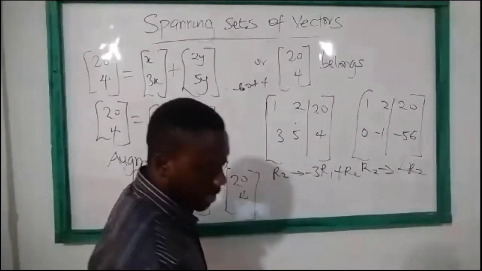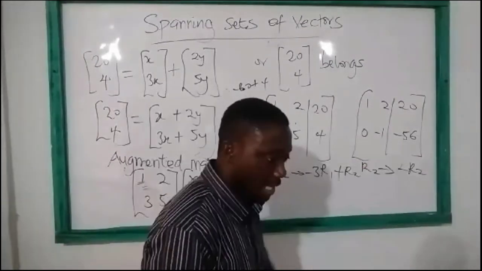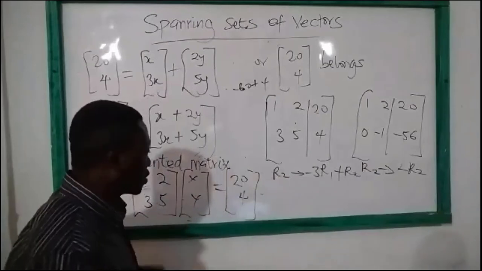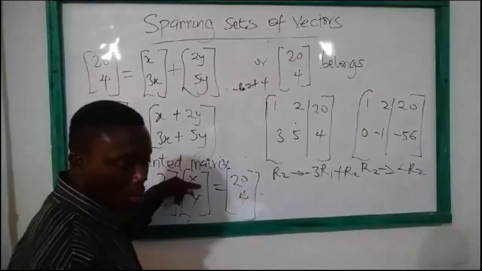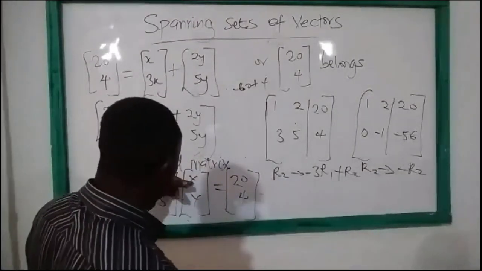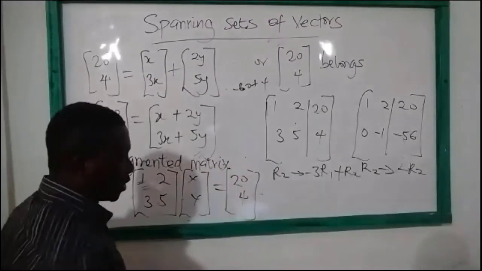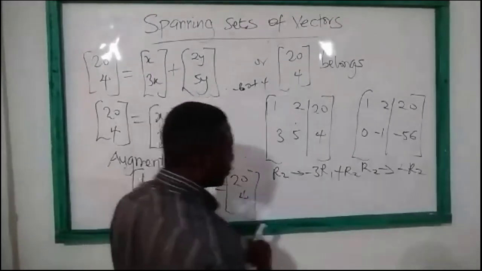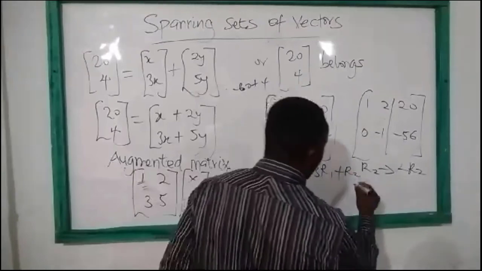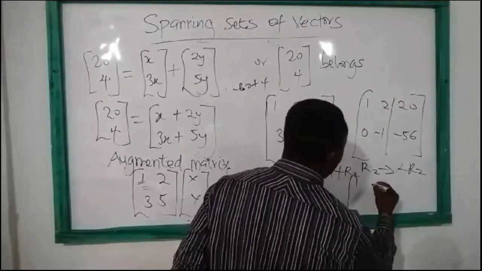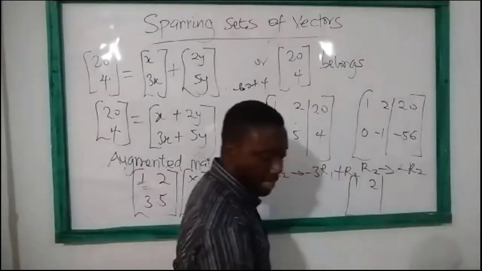The idea is that we are going through this process to be able to get our unknowns, or the unknown scalars. Okay.